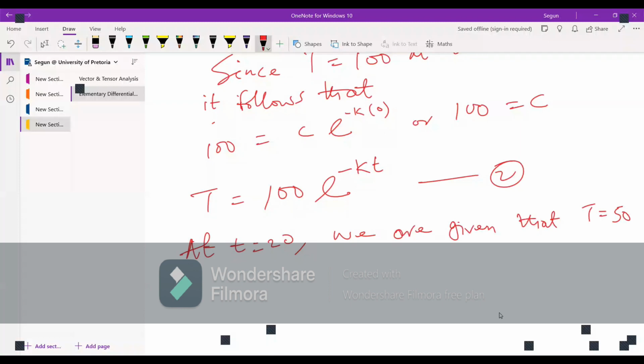Because it is there in the question, it said after 20 minutes the temperature of the bar is 50 degrees Fahrenheit.